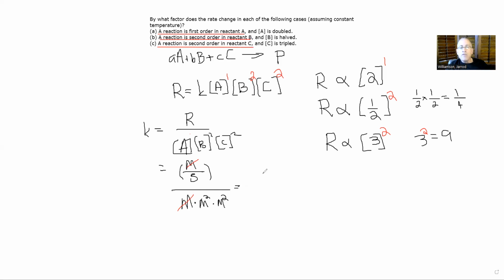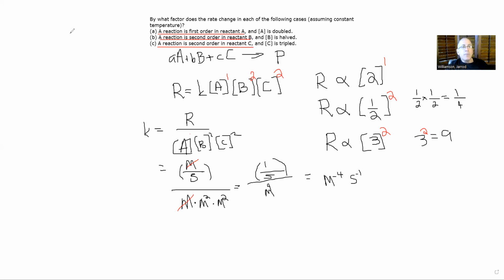And I will have 1/seconds divided by molarity squared times molarity squared, which is molarity to the 4th. And I will end up with molarity to the -4 seconds to the -1.